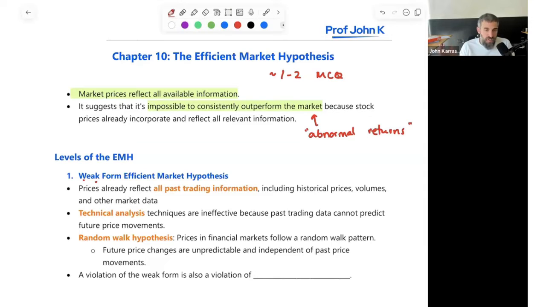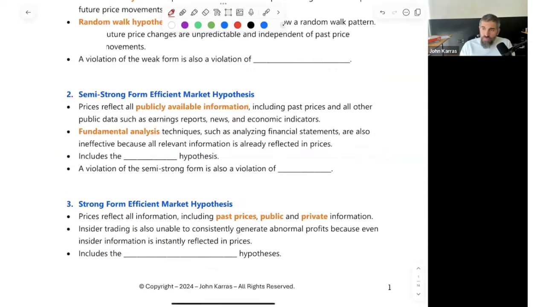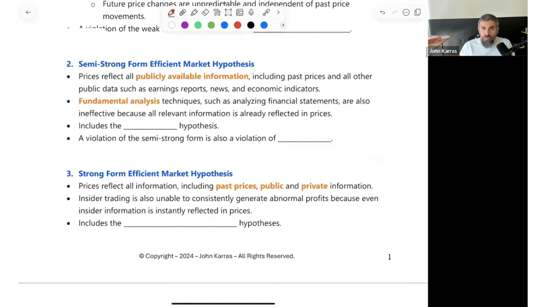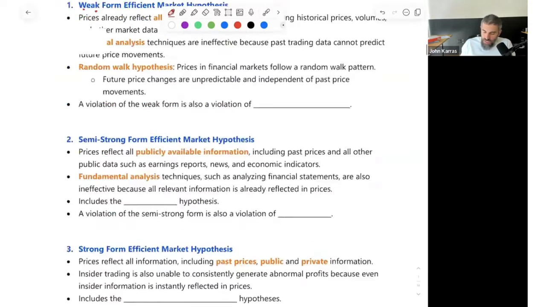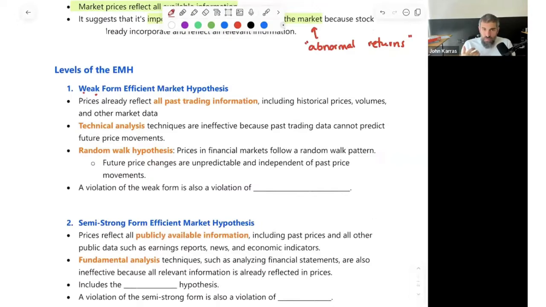That's one version of it. Whereas Elaine might believe in the semi-strong form, and Lara might believe in the strong form. We all believe in the hypothesis to a certain degree, but a little bit differently. And so you have to understand what each of these levels means. And in order to understand that, you have to understand that there are three types of information that affect a stock's price.